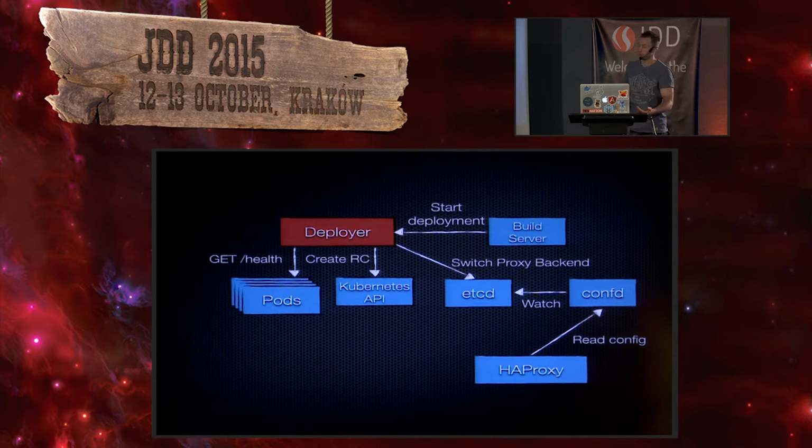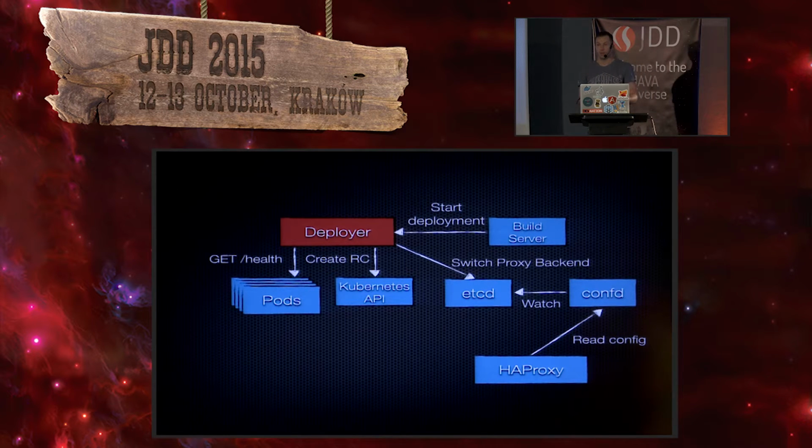The next step that it will take is that it will start monitoring the health of all the pods that are started, because we know that we want to, for example, have 10 replicas started up. So it will start monitoring for 10 replicas to actually start up and report that they are healthy. Well, we just provided this /health endpoint, so that's possible, and that's what the deployer should monitor.